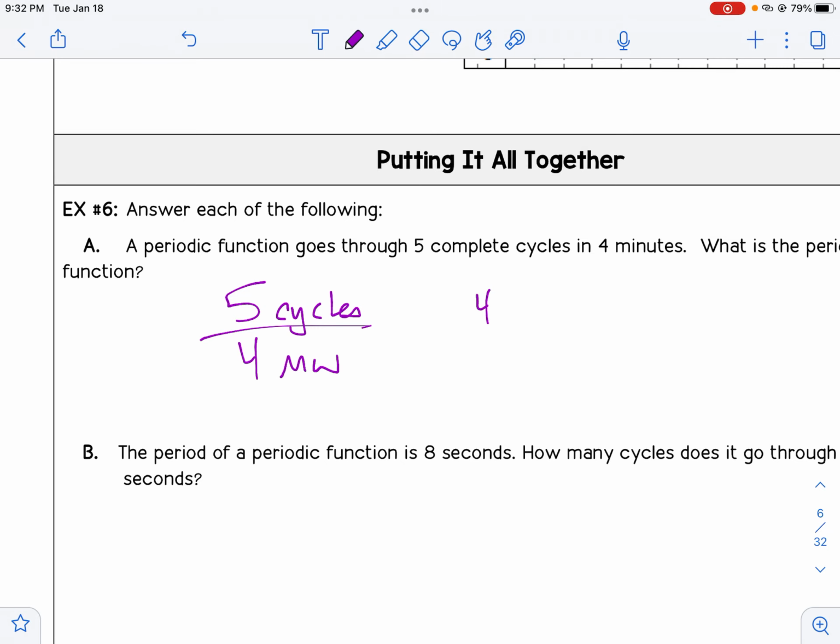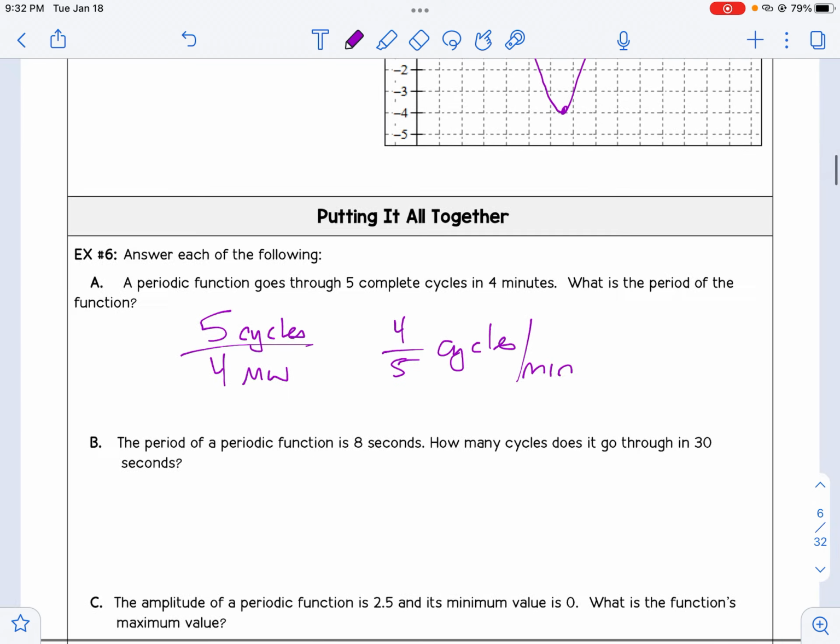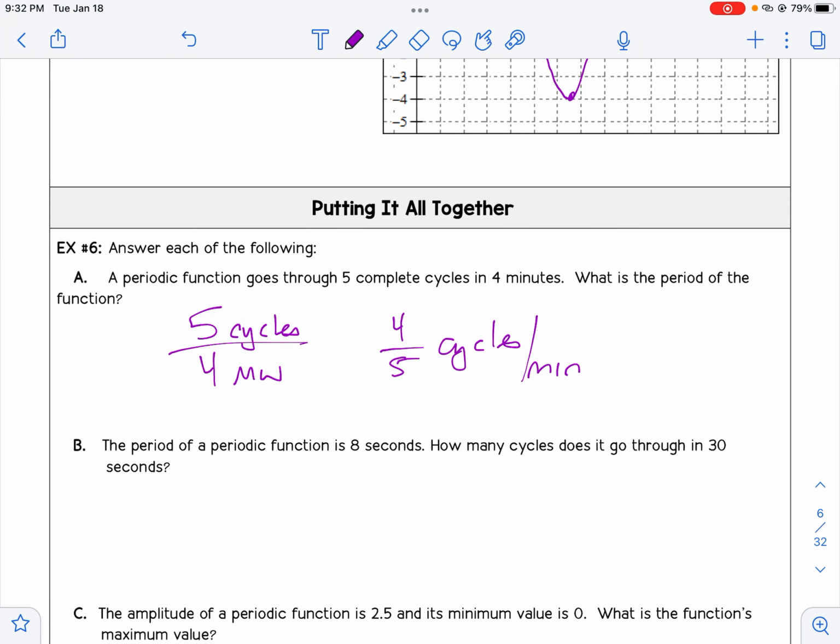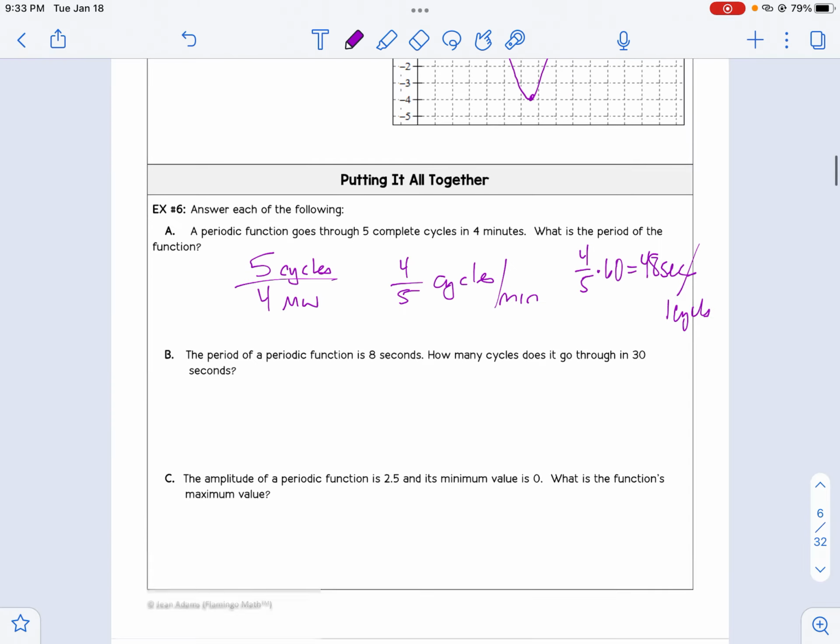So that'd be 4/5 cycles per minute. And if I really wanted to break that down into seconds, then I would realize that there's 60 seconds in 1 minute. So I would take 4/5 times 60, and I would determine that there's 48 seconds for 1 cycle. Any of those would be acceptable answers.